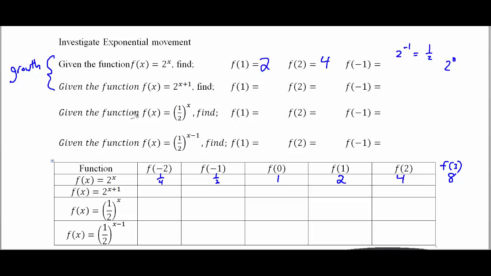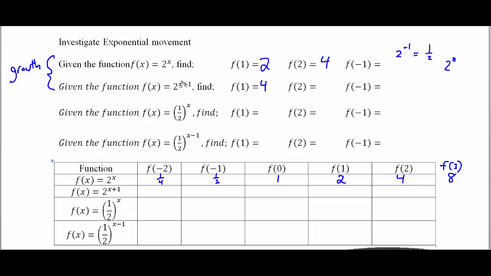If we have this equation where we have x plus 1, what would happen is that we would see a shift in this graph, and it would shift left and right when we have the shifting up here in the exponent. Because if I plug 1 into this for f of 1, it then becomes 2 to the second power, which is 4.